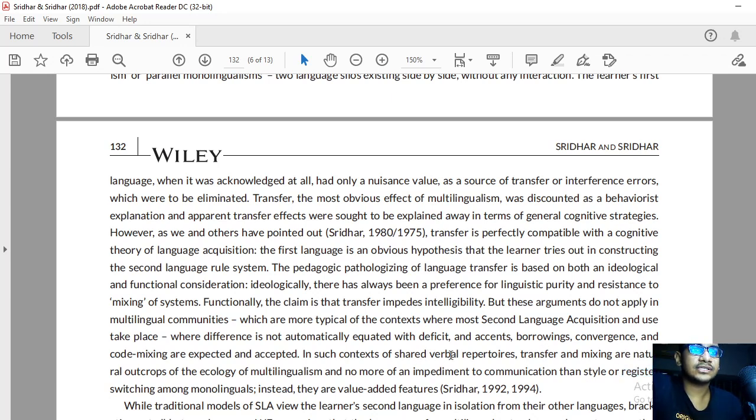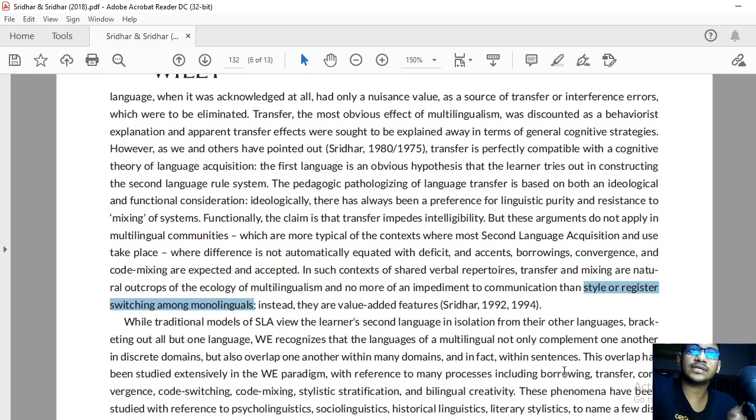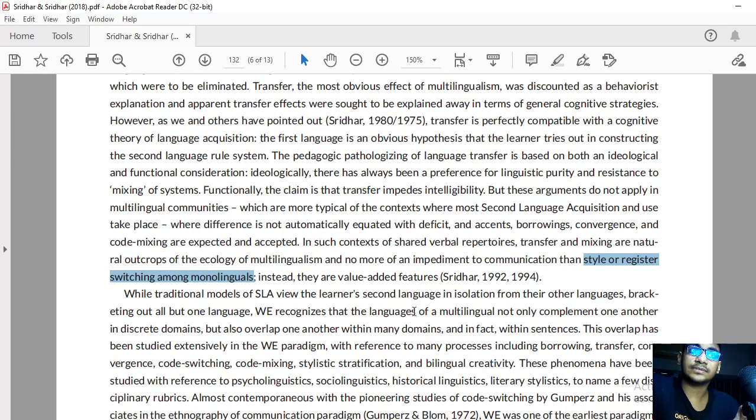So such verbal repertoires like Bangladeshi English should not be considered as bad, or as a lesser variety than British and American English, but rather this is just a different style or register, right? This should be considered a different variation, but not an inferior one. Instead, they are value-added features, right? So these are considered to be valuable.